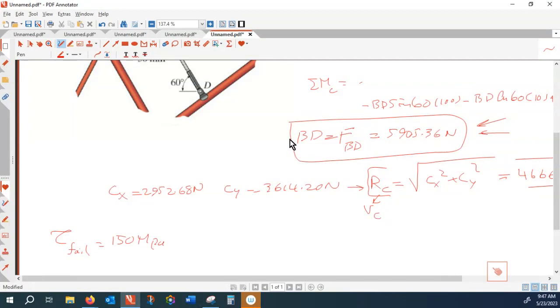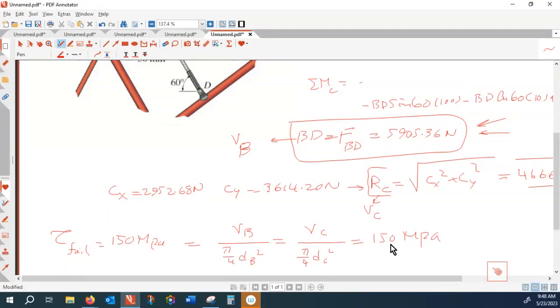This is shearing force, and this one also is a shear force. So this is shear force at B, this is shear force at C. So this is actually two equations.